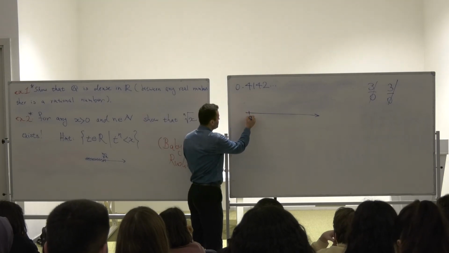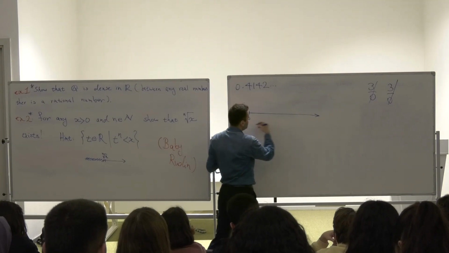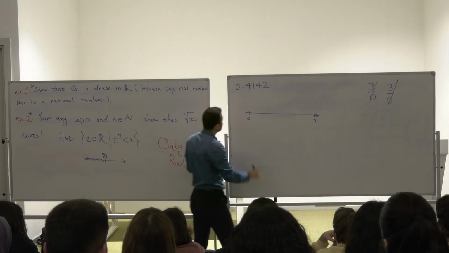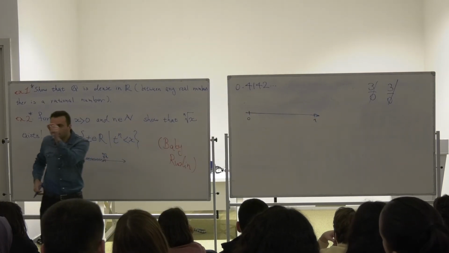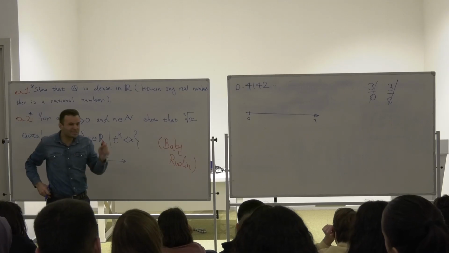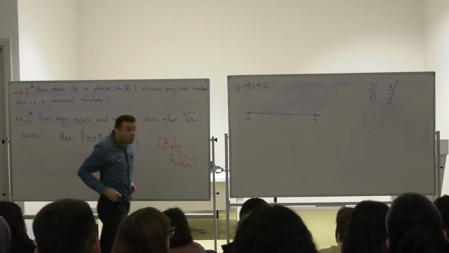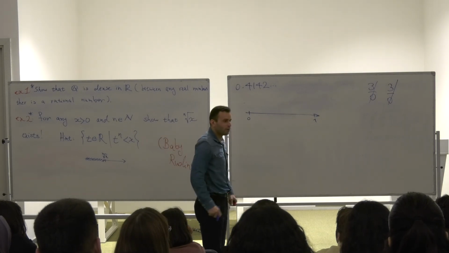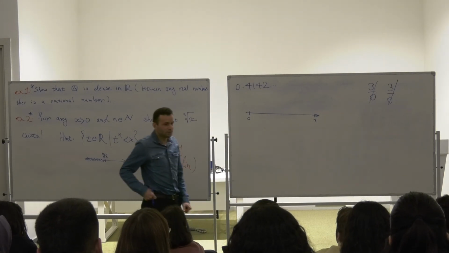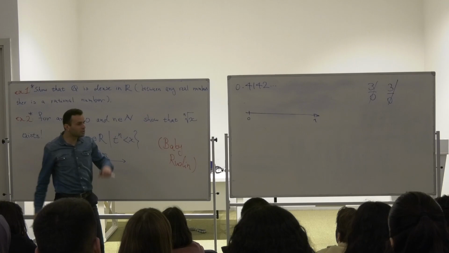If, let's say, for instance, this is our origin, 0, and I have 1 here, how can I find this number? How can I plot it? Where is the exact location of this number? What? We can. Why can't we? We can. And how we are doing it is like this.